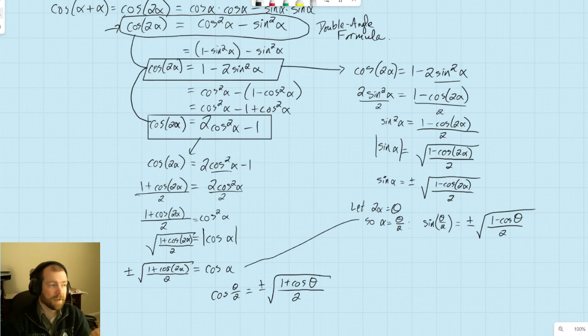And again, you want the power reduction formula? Okay, power reduction formula is right there. You want the half angle identity? Again, that's here. You want the double angle identity? That's this stuff up here. So it's all of them at once. I never got used to the whole power reduction formula.